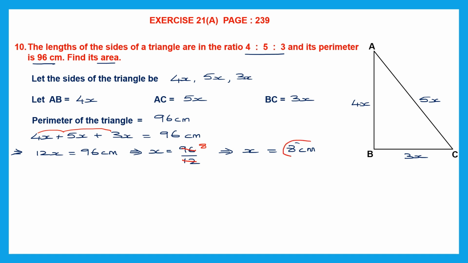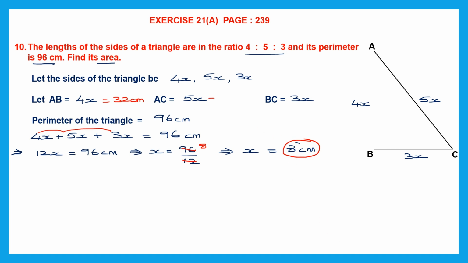So now that we have found the value of x, we can substitute it for the sides. AB we said is 4x. In place of x, we are going to write 8. That means 4 into 8. 4 eights are 32. So AB is 32 centimeters. Now let's look at AC. AC is 5x. That means 5 into 8. 5 eights are 40.